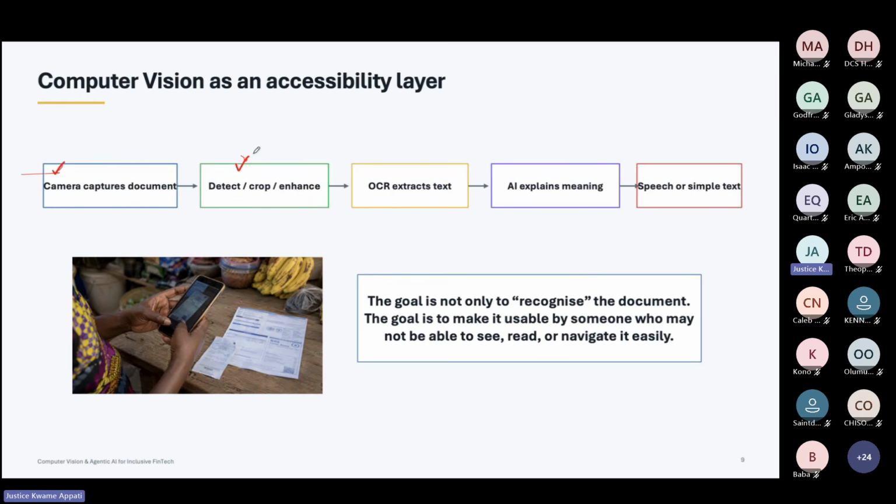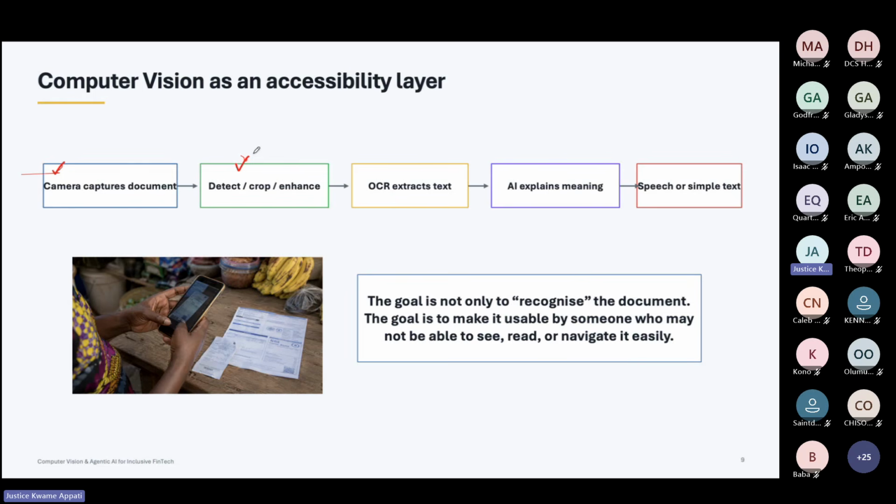Now, in the text or in the document or the ROI, this is where the OCR comes in, the optical character recognition. Its job is to extract characters from your document and put them together for you. But again, of what importance is that to you? I've taken your meter bill or your water bill and I've scanned it, taken the ROI, pulled out all the information as text for you.